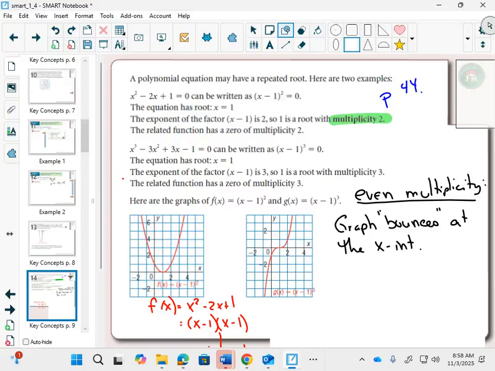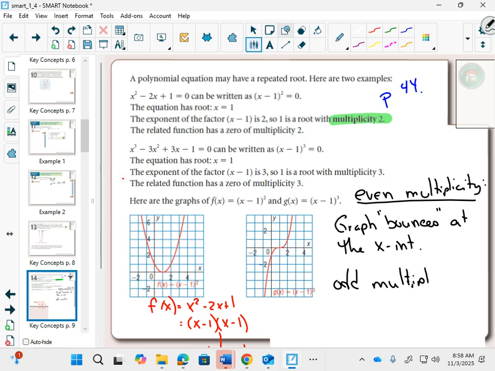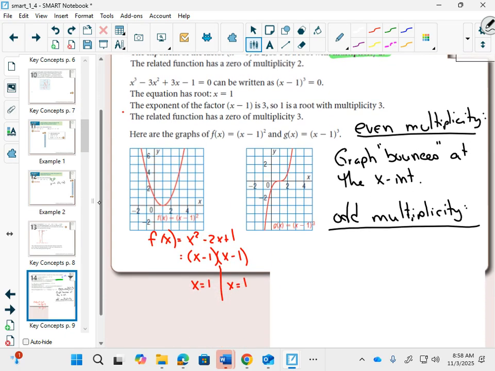Odd multiplicities, there are 2 things. If the multiplicity is 1, this is what we've been dealing with mostly so far.